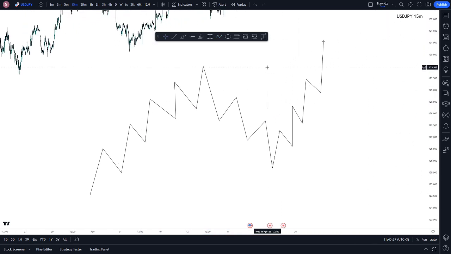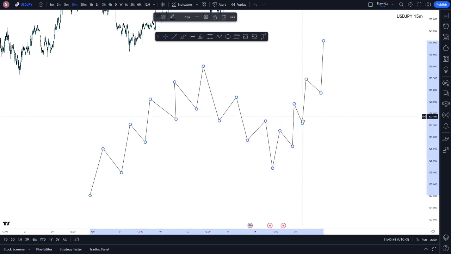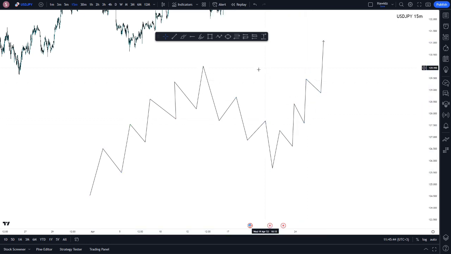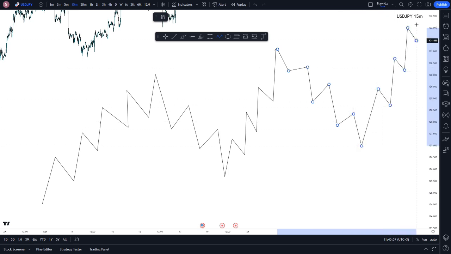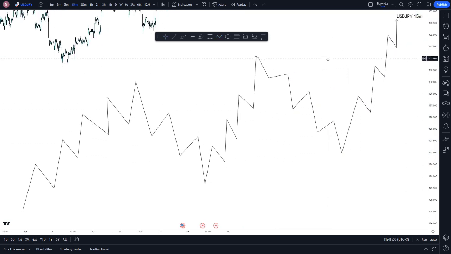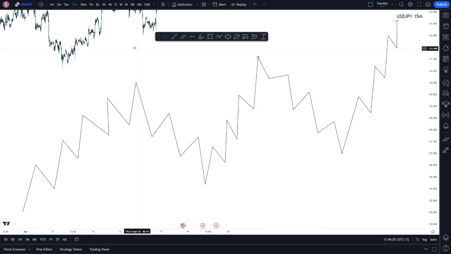Sorry for the drawing, it's not too good, but it's also not too bad. So you can have another break like this, and then you'll get another thing like this. What you're seeing here is an overall bullish market in terms of order flow.